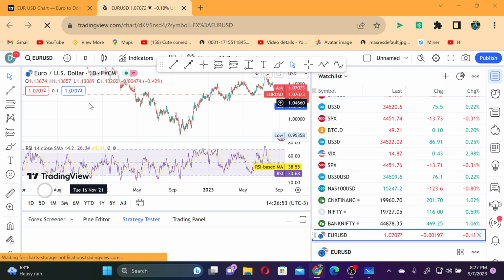We have the lagging indicator, and the leading indicator.